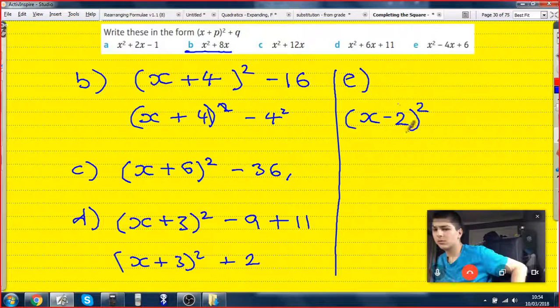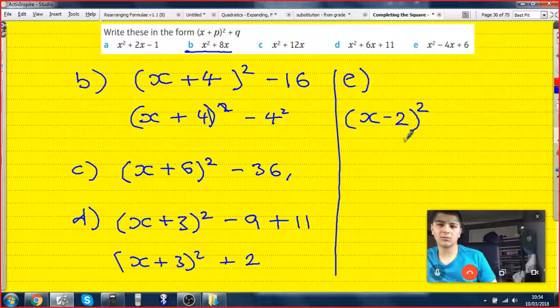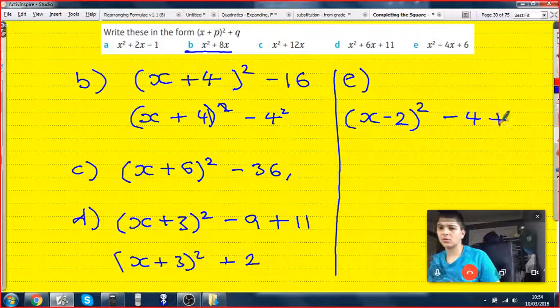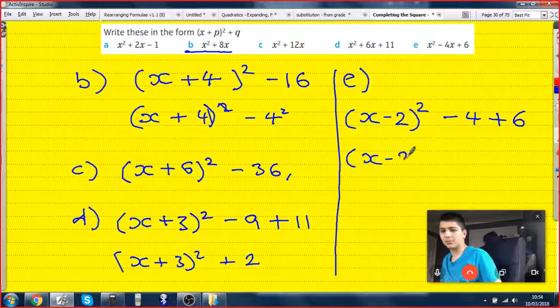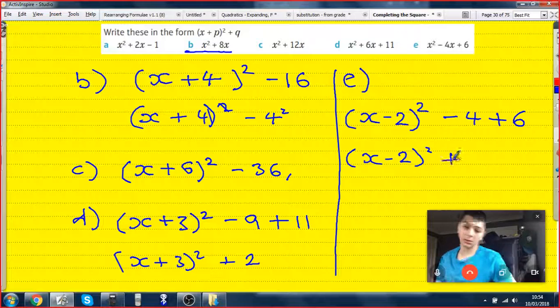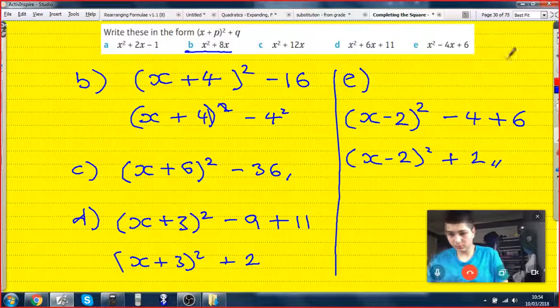When you expand this bracket, what extra number will you get? We would get minus 4. Yeah. And now we just do this plus 6. And what would that simplify to? X minus 2 squared plus 2. Well done. Any questions there?